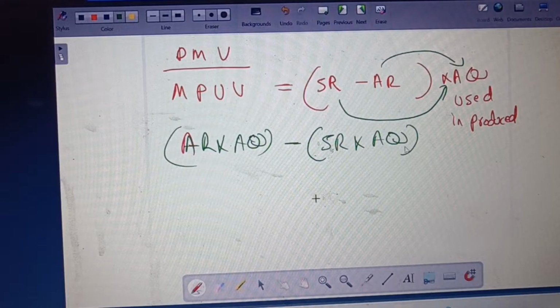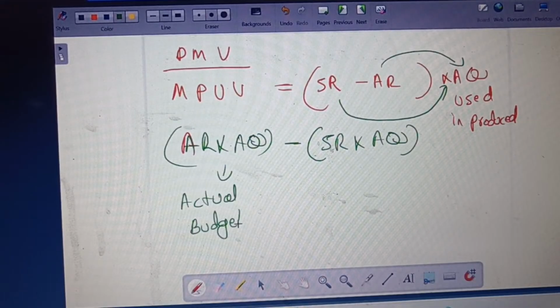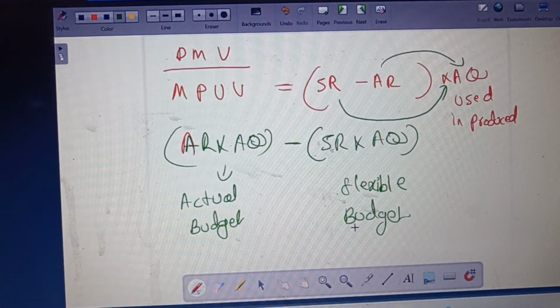The first is the actual budget, and this is the flexible budget. So typically we are finding out the flexible budget variance, which is the difference between the actual budget and the flexible budget.